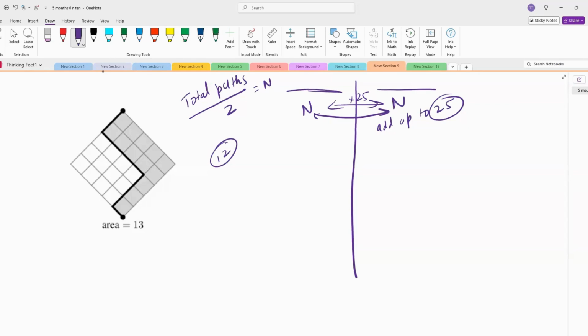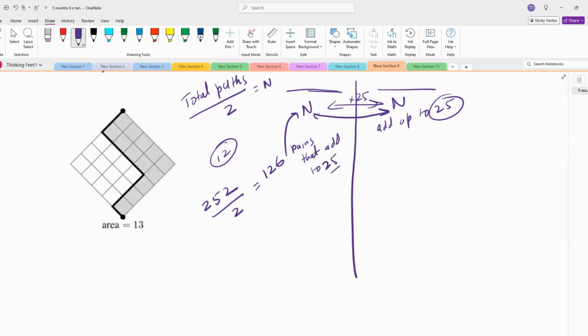So what I'm going to do is, I know the total path is 252. Okay, divide that by 2. That gives me 126. Okay, so there are 126 pairs that add up to 25.